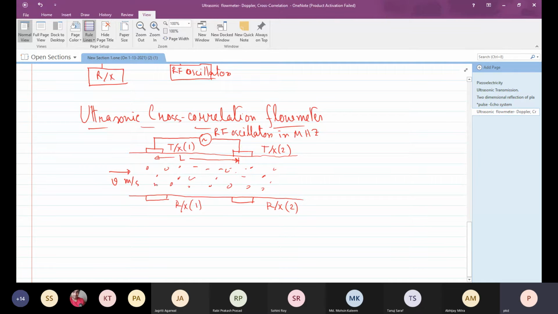So there will be a lot of scattering. But if there is nothing of that sort, we can give tracer particles which are launched just before this measurement site. There will be another port upstream to launch the tracer particles. Subsequently, the tracer particles are collected in the downstream.